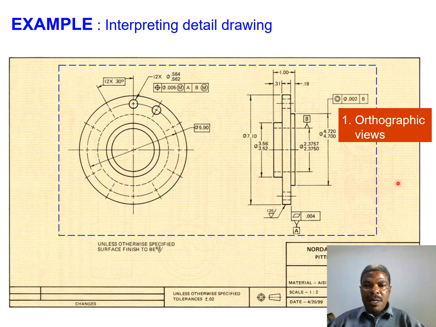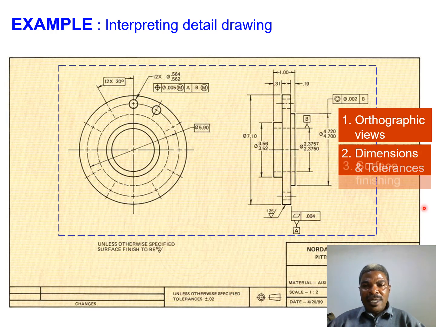For example, this one provided in orthographic views. Orthographic views, as I have said, are for the front, and the other one being the end view, just to facilitate seeing how the object looks. So here the dimensions and the tolerance are provided. A surface finish is also indicated, that the surface finish is to this standard.